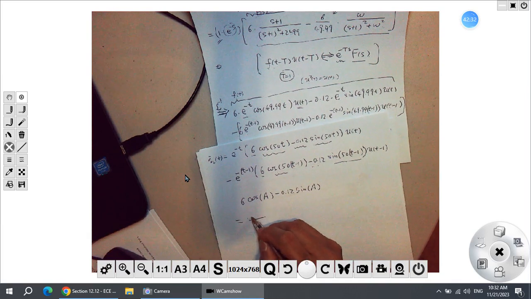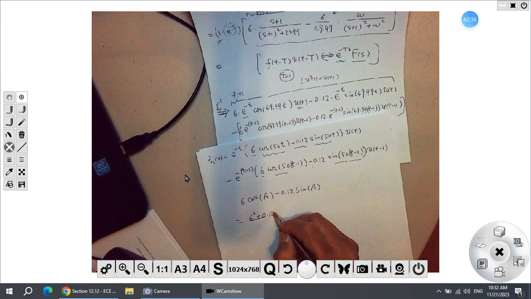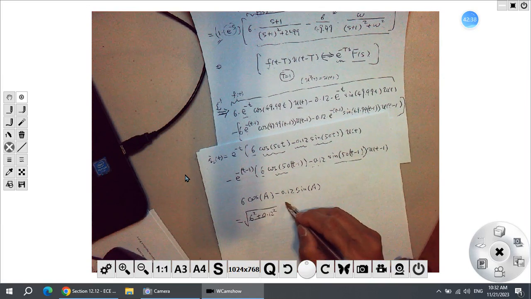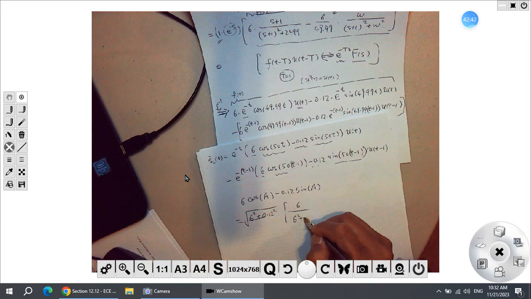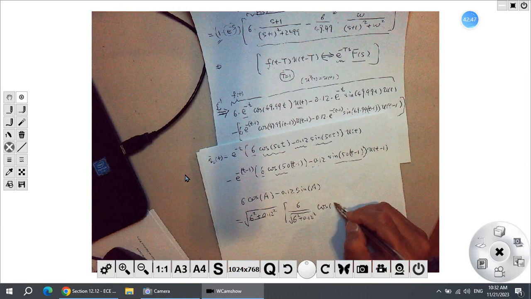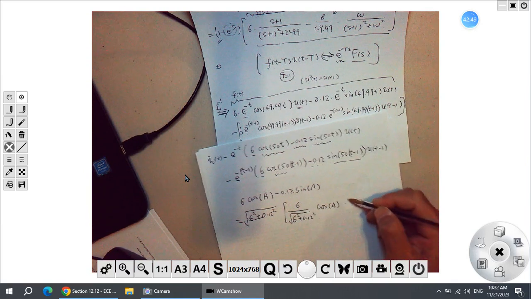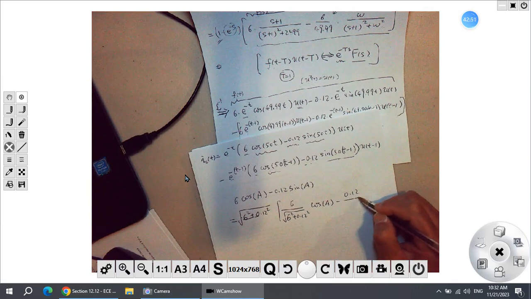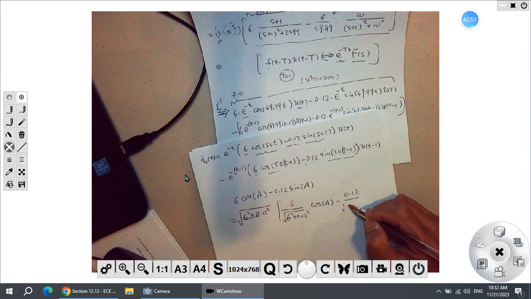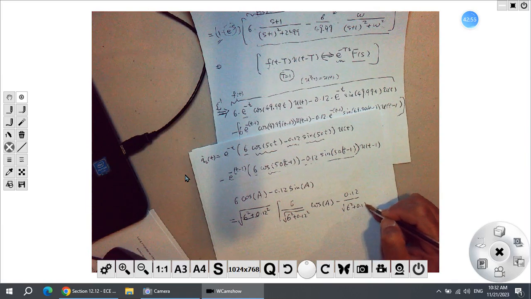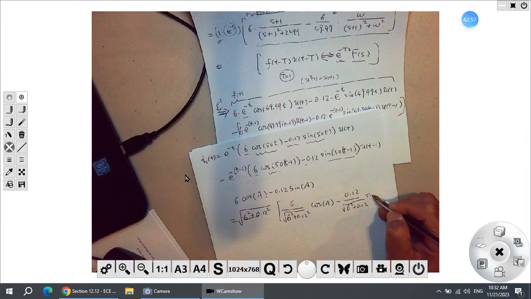I have the square root of 6 squared plus 0.12 squared times 6 over the square root of 6 squared plus 0.12 squared times cosine a, minus 0.12 over the square root of 6 squared plus 0.12 squared times sine a.